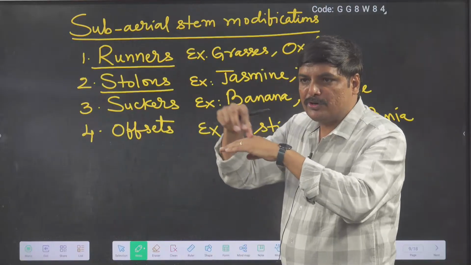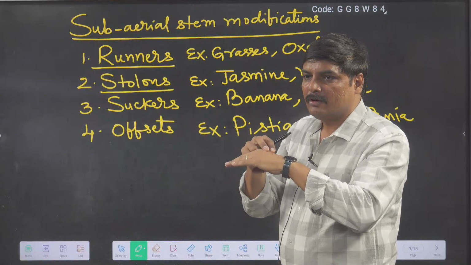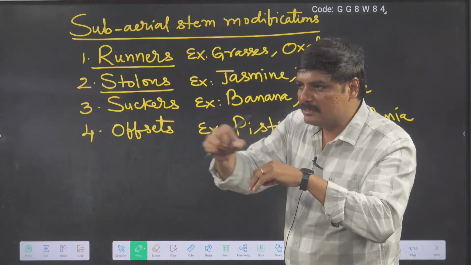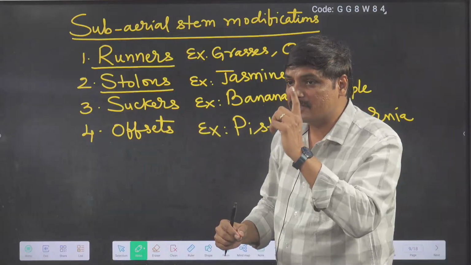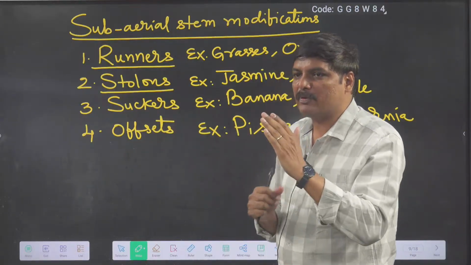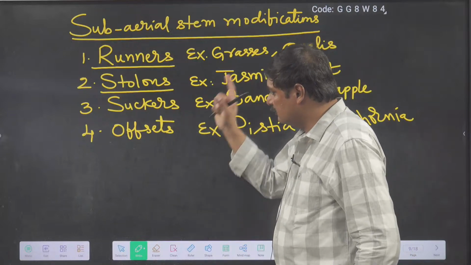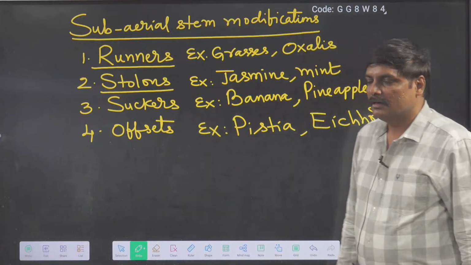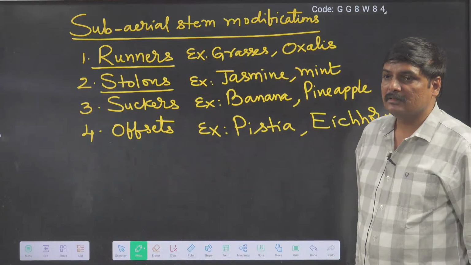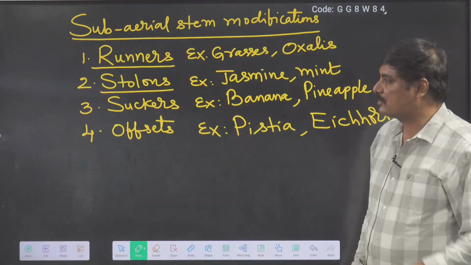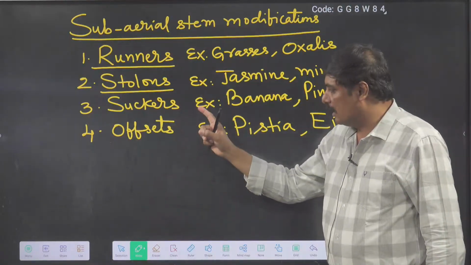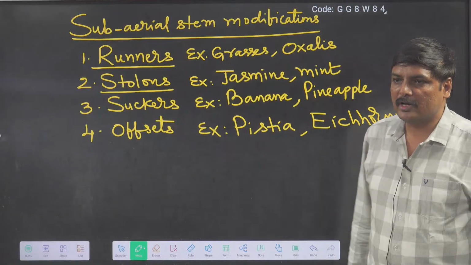On the upper side, it produces leaves. And from the axils of the leaves, axillary buds are present. These buds again give rise to branches of one internodal length. And these branches help in vegetative propagation. And these are known as offsets. So, subaerial stem modifications are divided into 4 types, namely runners, stolons, suckers, and offsets. Okay?